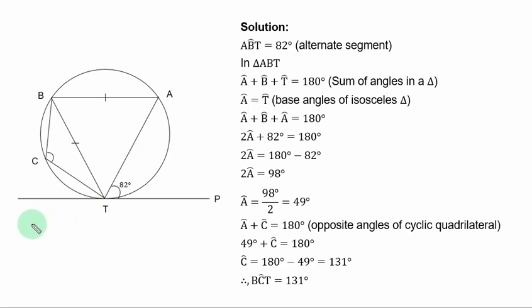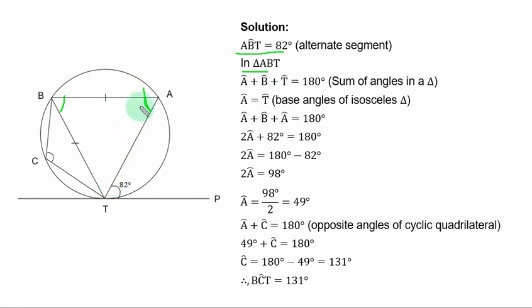Solution. To get the required angle, first we need to get this angle, and for you to get this angle, you need this angle, which is equal to 82 degrees, alternate segment. In triangle ABT, we were told that BA is equal to BT.